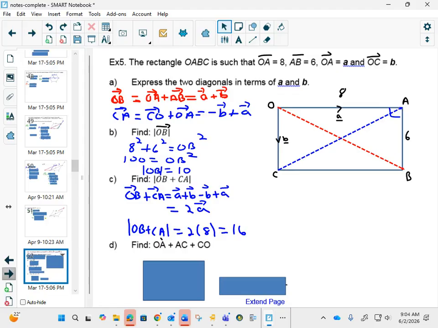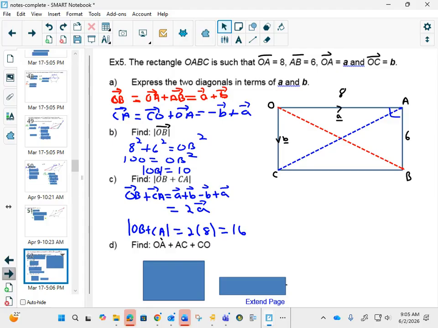So careful here. Vector OB plus CA does not mean this distance of 10 plus this distance of 10. It means you started at O. If I add those diagonals together, I'm going to go over here 2 to the right. And that length is 16. I'm a distance of 16 away from my original.